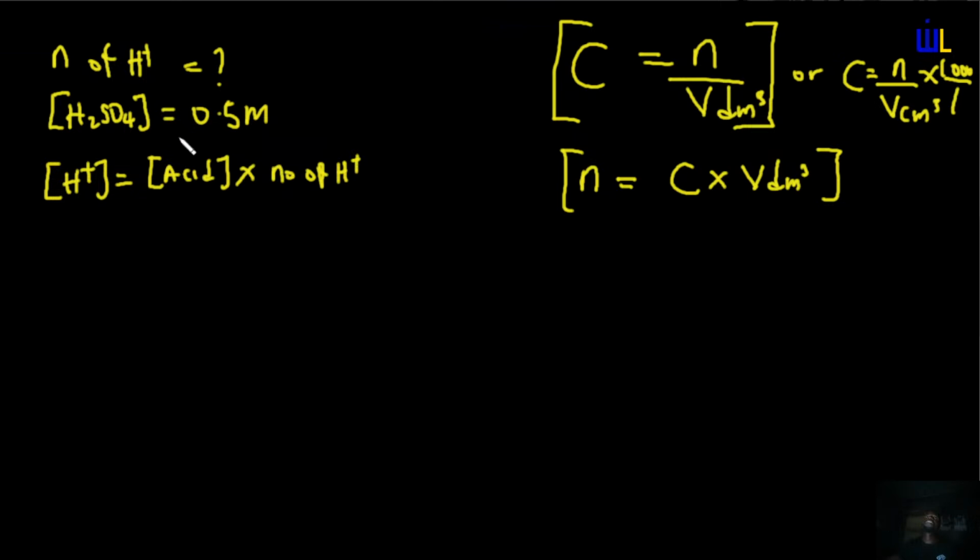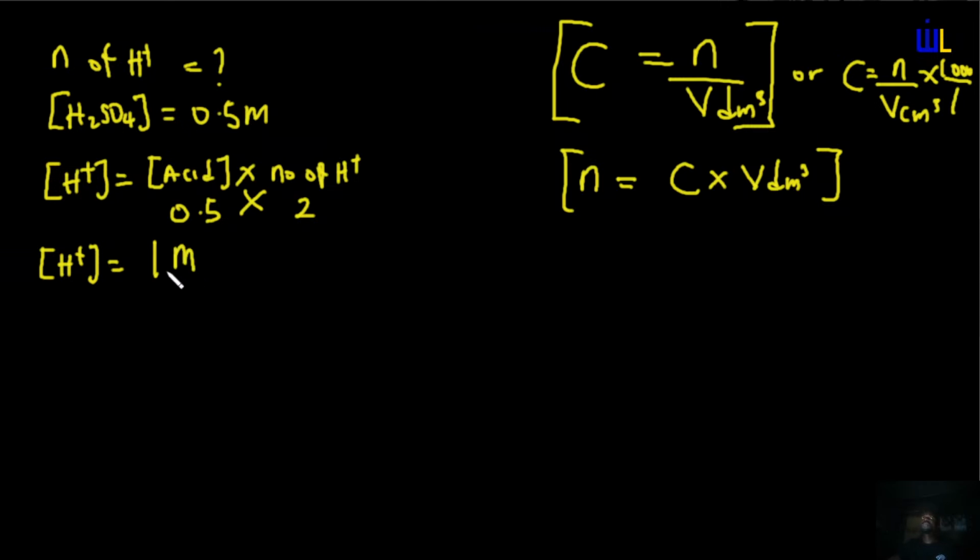The number of moles of hydrogen ion in the dissociation reaction is 2, times the concentration of the acid, which is 0.5, which means the concentration of hydrogen ion equals 1 molarity.